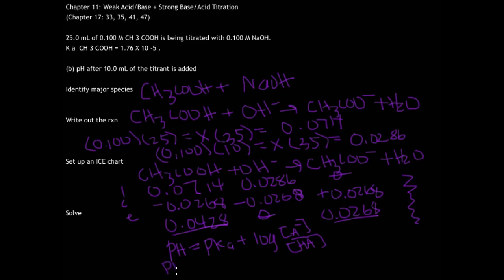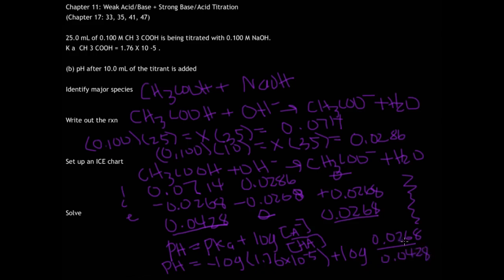So pH equals, what does the P mean again? It means opposite log of Ka. So opposite log of 1.76 times 10 to the negative fifth plus the log of the conjugate goes on top, 0.0268 over 0.0428.